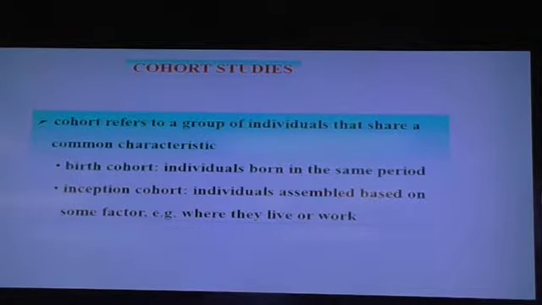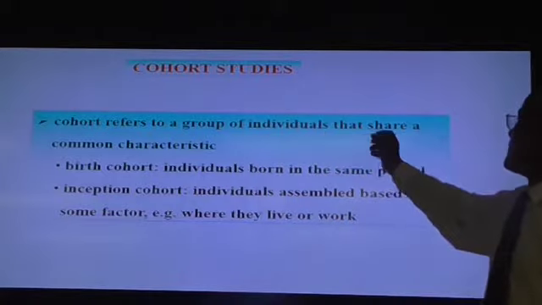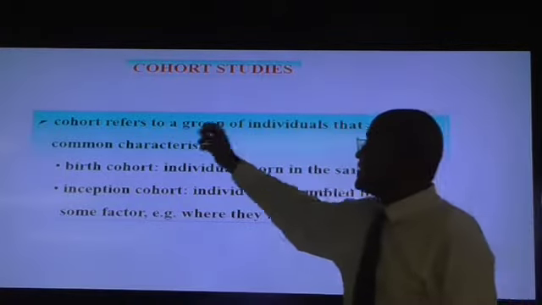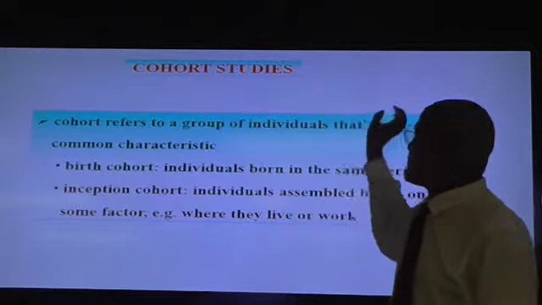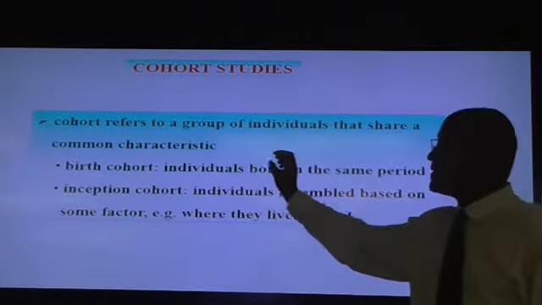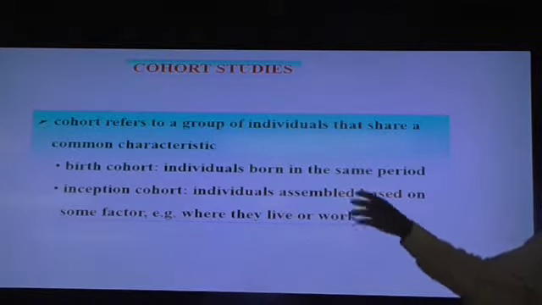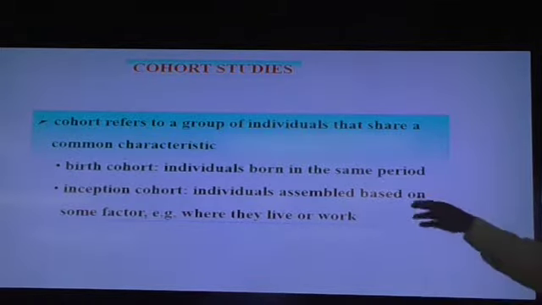Now, based on that original term, cohort refers to a group of individuals that share what we call a common characteristic. So you can have a birth cohort, for example, born in the same period, or an inception cohort, individuals assembled based on some factor, for example, where they live or work.